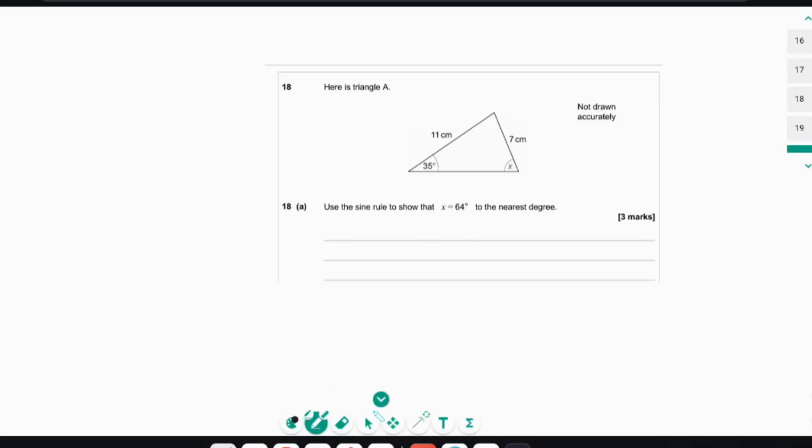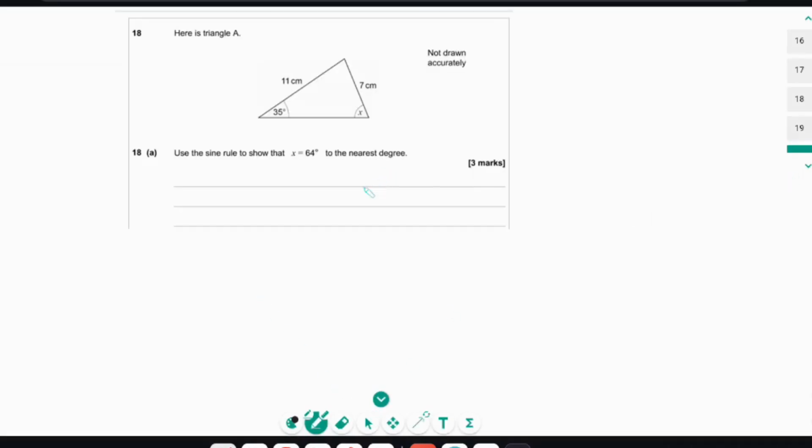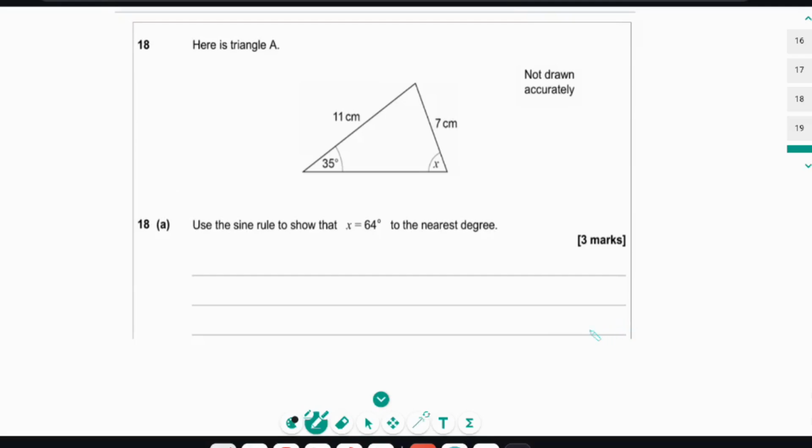Here is a triangle. Use the sine rule to show that x is 64. So for the sine rule, missing angle, we have the formula flipped. So sine A over A is equal to sine B over B. It doesn't really matter what's A and what's B, but whatever the angle A is, the opposite length has to be the lowercase of that letter.